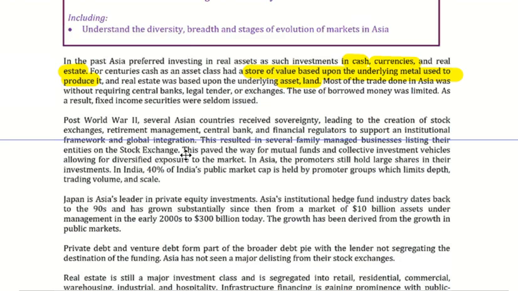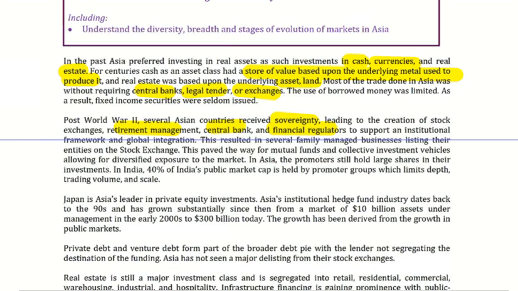Most of the trade done in Asia was without the use of central banks, legal tender, or exchange, and based on that, there was very little usage of fixed income securities. Post World War II, several Asian countries received sovereignty. When they received their sovereignty, they formed their own stock exchanges, retirement management, central banks, financial regulators, etc., to support the institutional framework.